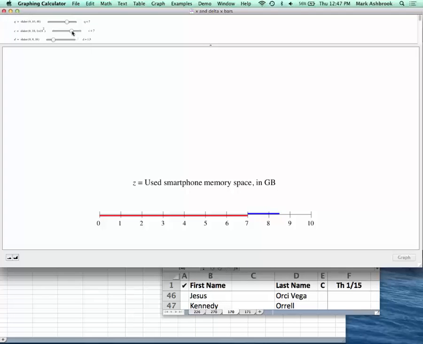Okay, what about this? There we go. Okay, so now I'm going to tell you that this is Z initial.